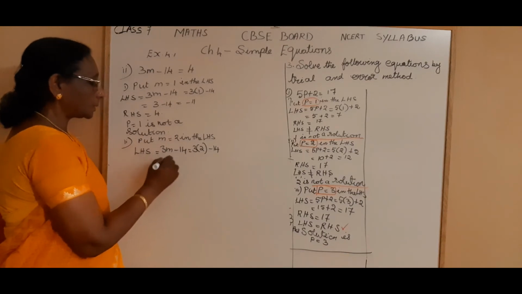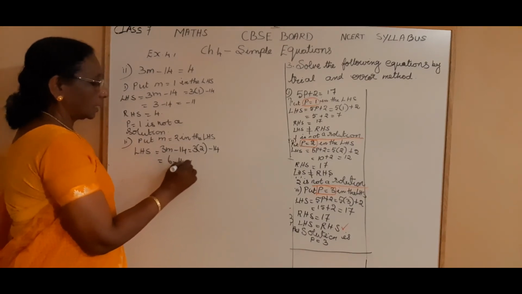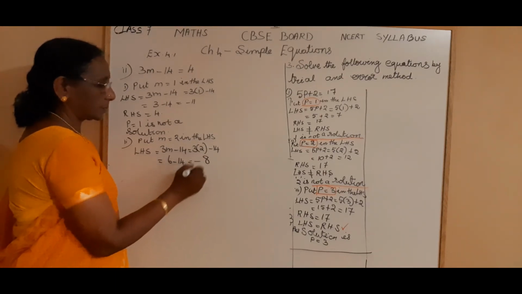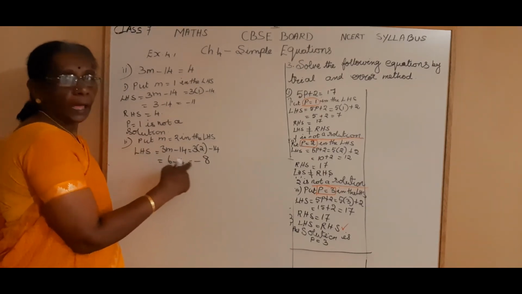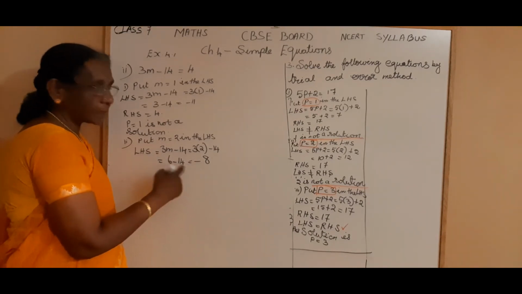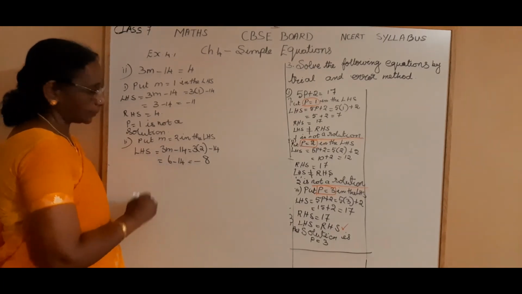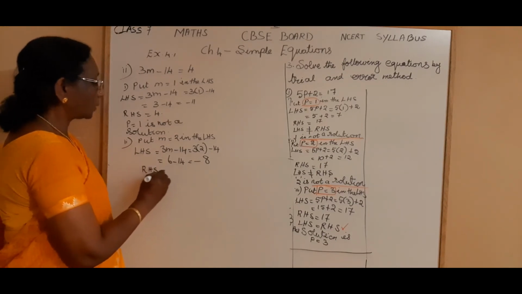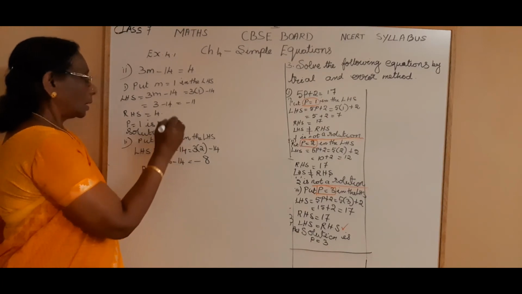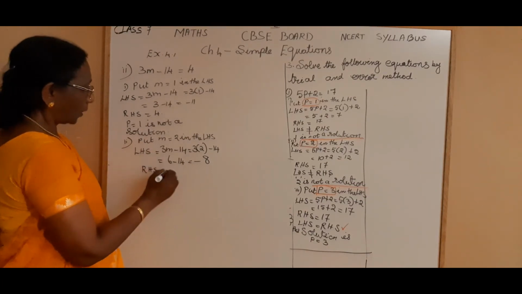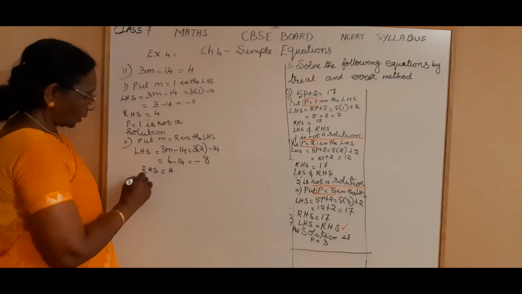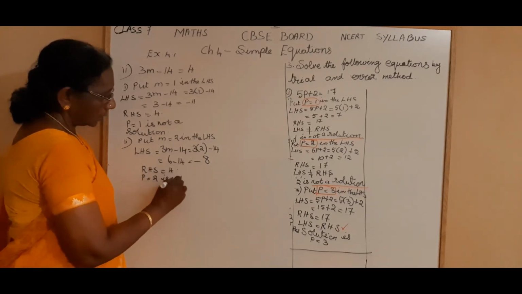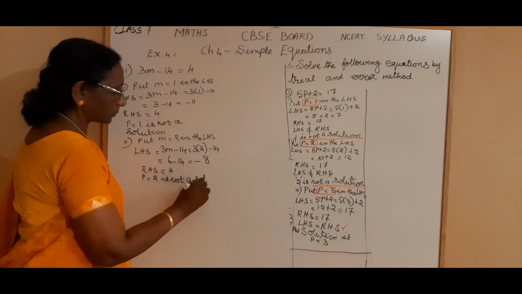So, 6 minus 14 is equal to minus 8. More negative, so the answer will be negative. Different signs, subtract: 14 minus 6 is 8. But RHS is equal to 4. So, m is equal to 2 is not a solution.